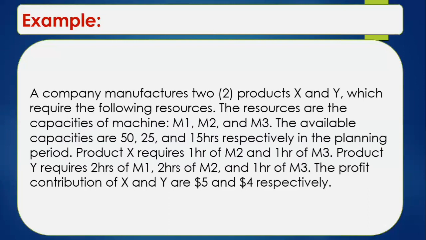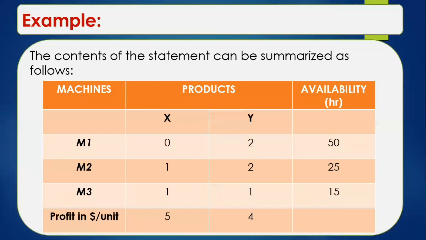There are a couple of ways to analyze our data. It can be through tabulations or graphical forms, but for this matter, we will make use of tabulation. We will tabulate the data given in order for us to better understand, for better comprehension. So as you can see, the contents of the statement can be summarized as follows.